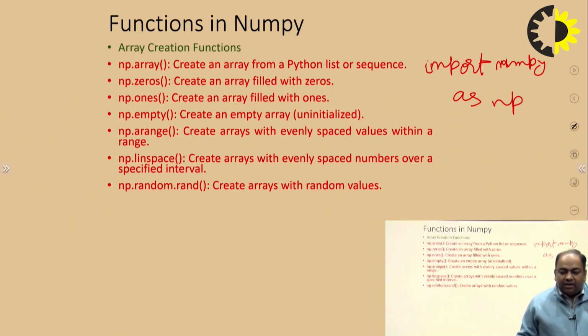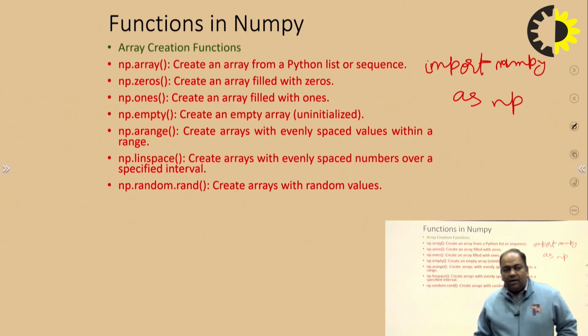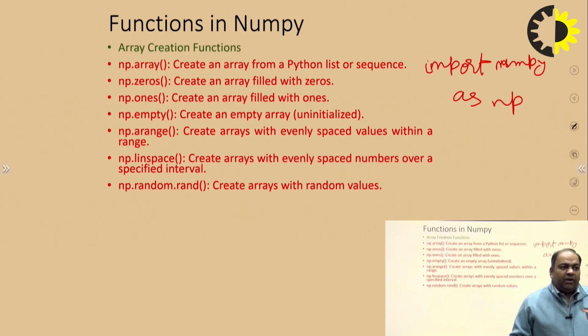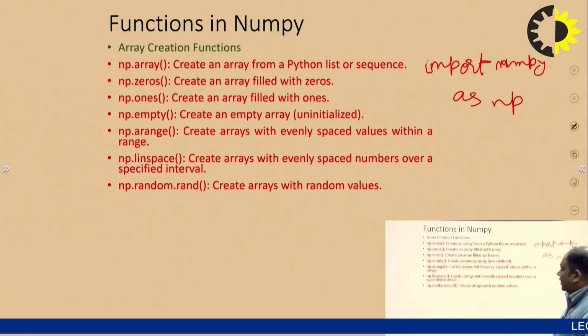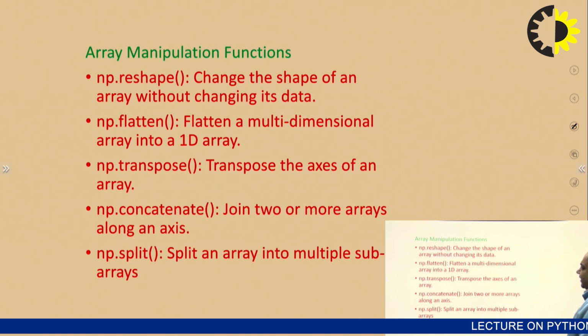Means if we need each alternate element in our array to be 1, we use np.linspace. np.random.rand creates an array with random values. So these are the basic functions which we use in NumPy for array creation.